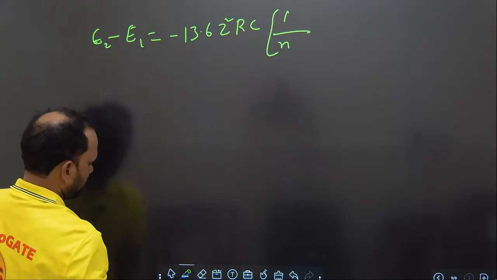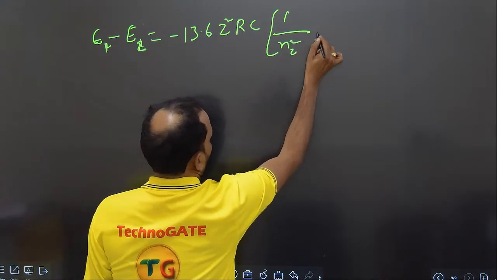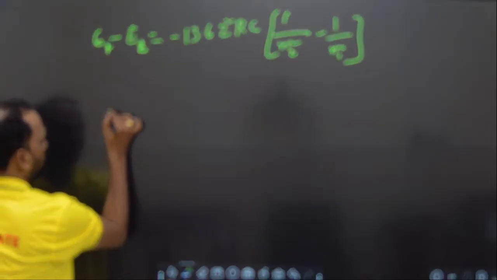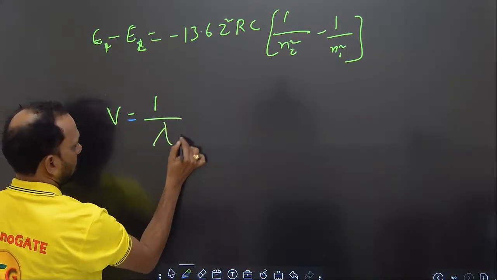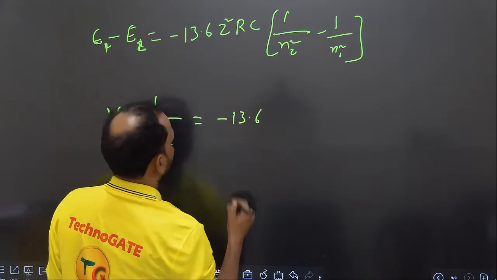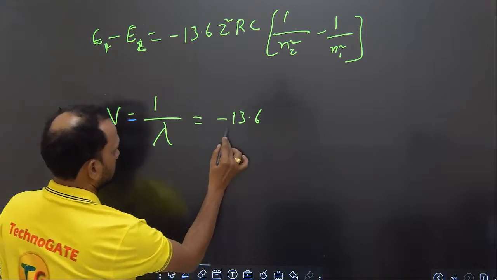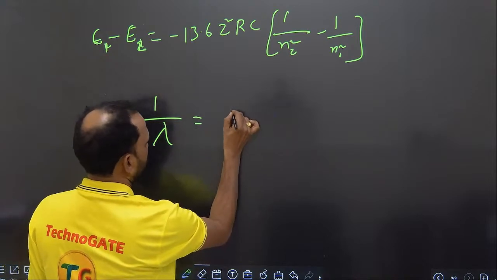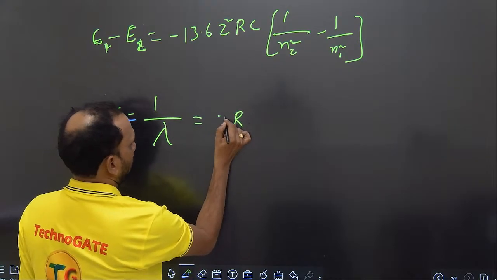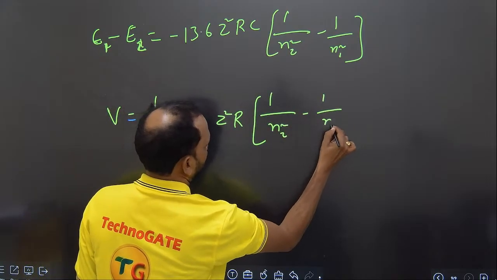Here it's E1 minus E2, not E2 minus E1. And also the wave number v is equal to 1 by lambda is equal to R into Z square into 1 by n2 square minus 1 by n1 square.